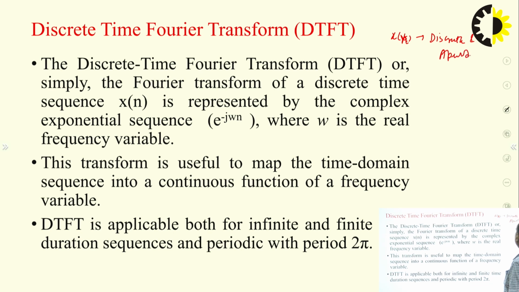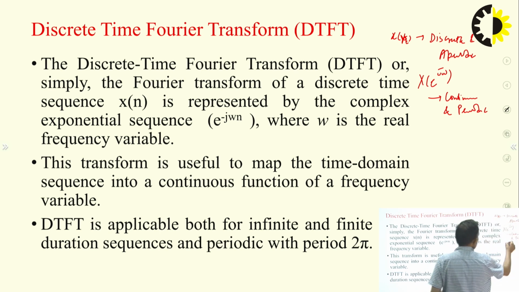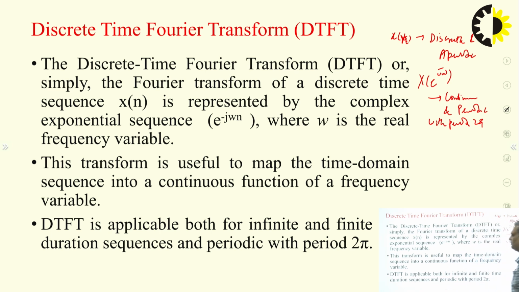The Fourier transform is represented by X(e to the power j omega), which is continuous but periodic with period 2 pi, so after 2 pi it repeats itself.